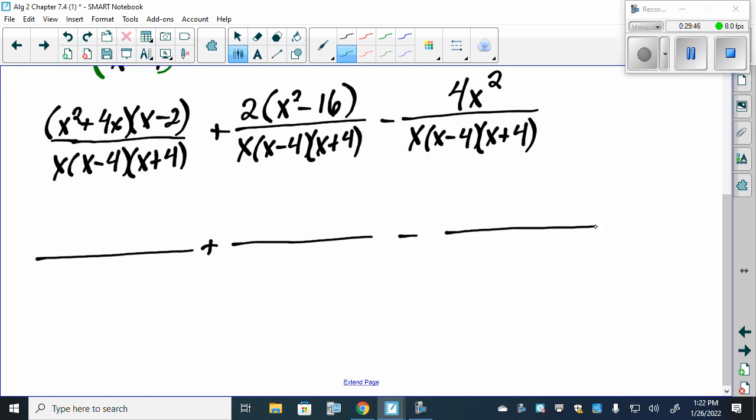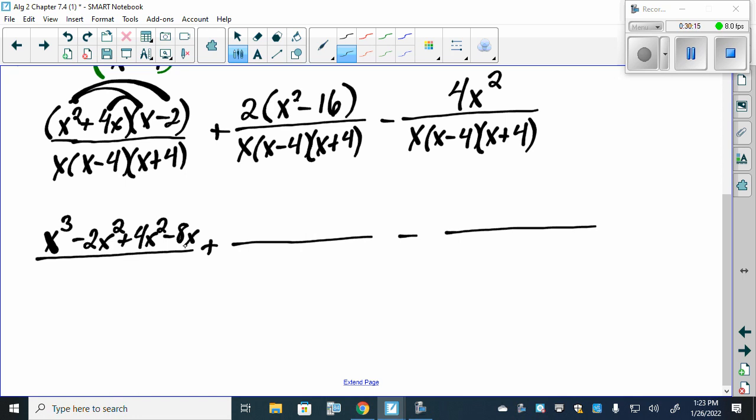So we'll need to multiply this out. So we'll do x squared times x will be x cubed. X squared times negative 2 will be negative 2x squared. 4x times x is going to be plus 4x squared. And 4x times negative 2 is negative 8x.